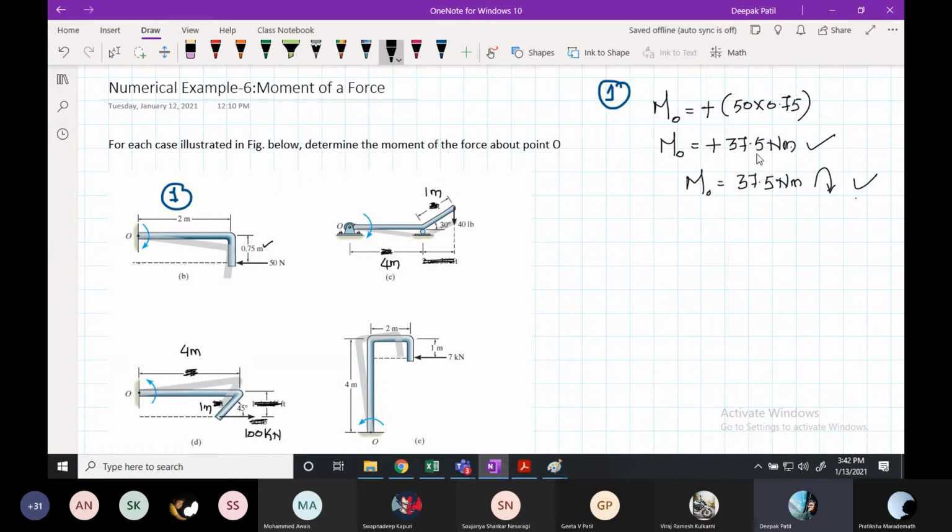Now you should not combine these two. Are you clear? Either you write the clockwise symbol and don't write the plus or minus, or write plus or minus and don't write the clockwise symbol. Any one you have to follow. So this is regarding the first case, and I will come to the second case now.